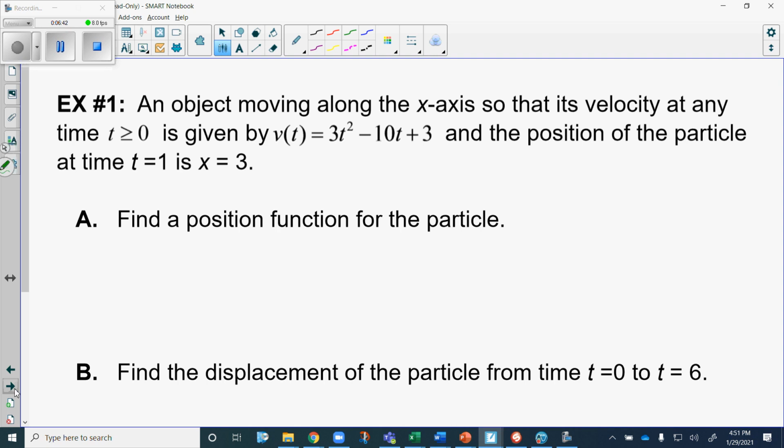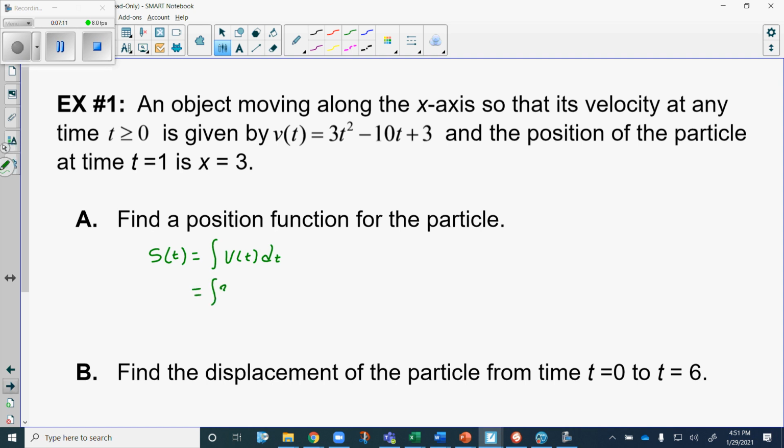So since they're giving us the velocity function, understanding velocity is the first derivative of position, I can say the antiderivative of the velocity function will be equal to the position function. So here we take the antiderivative of the function that was given to us.